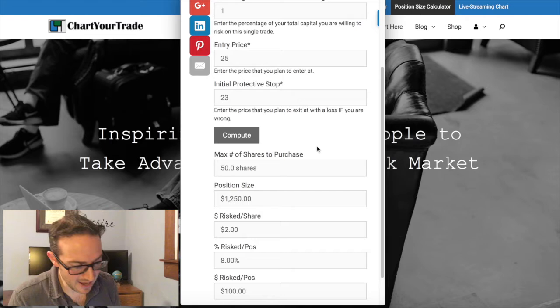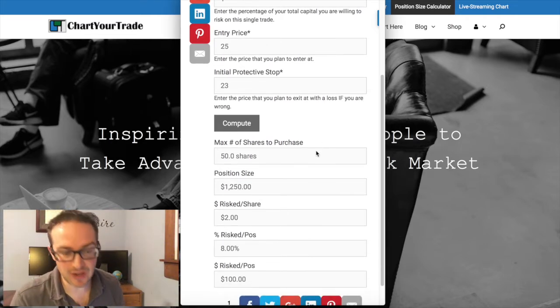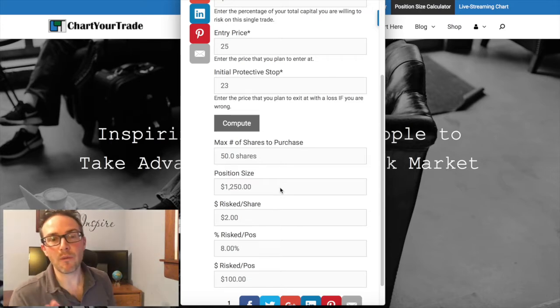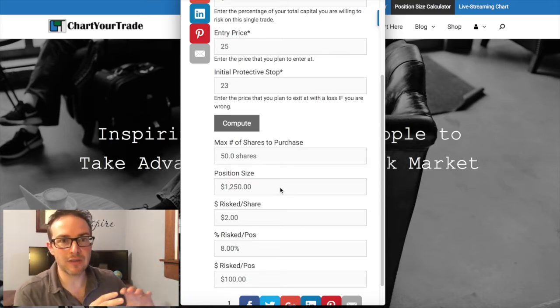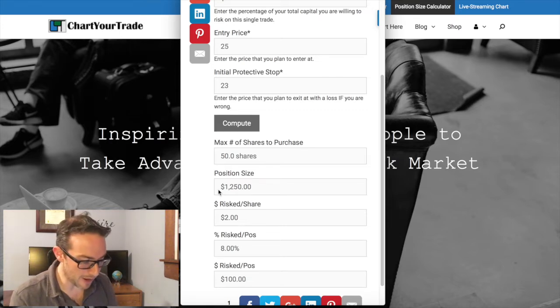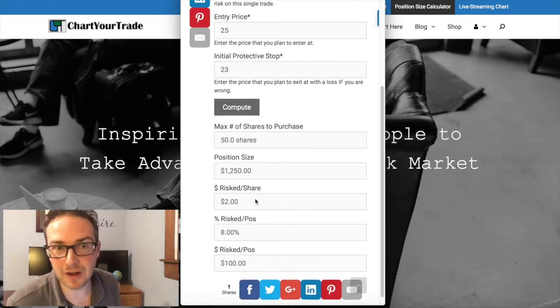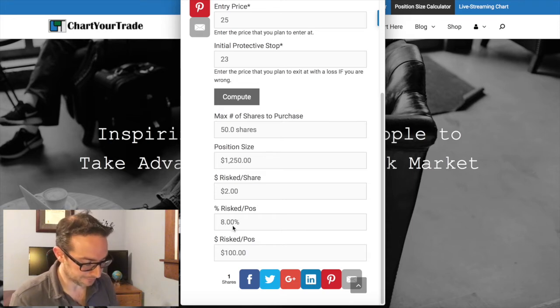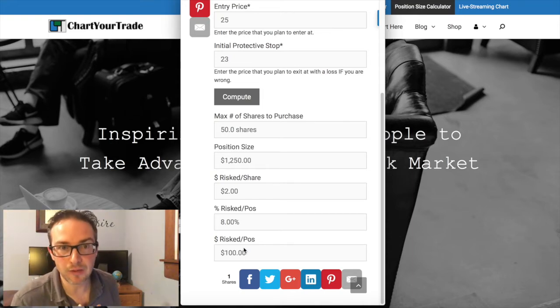So based on that, we're able to buy 50 shares of this stock, which is better than what we would have done before if we had just broken it out into 10 separate tranches of equal amounts and only bought $1,000 worth. Now we could buy $1,250 worth of this stock, and we're risking 8%. And we're still only risking $100. And that's the key factor, that we always want to be risking the same amount on every single trade.